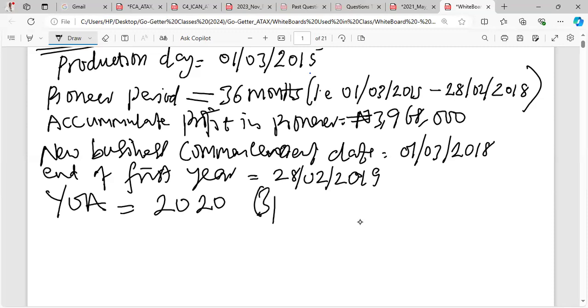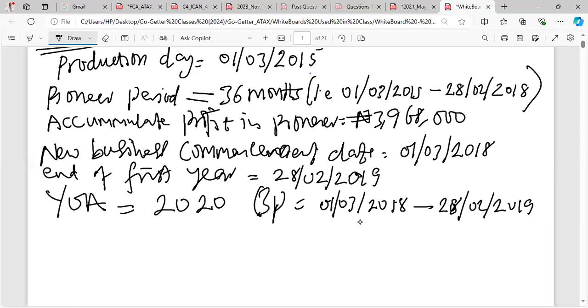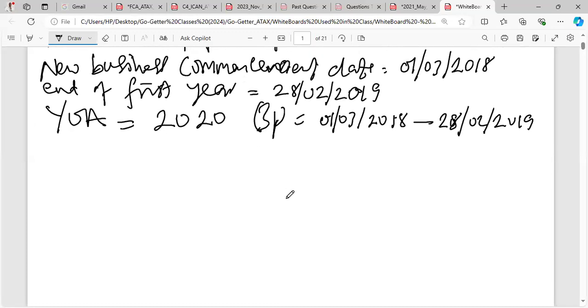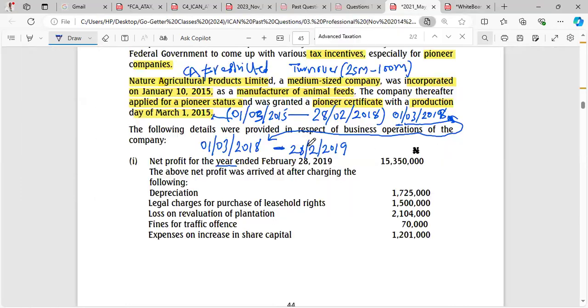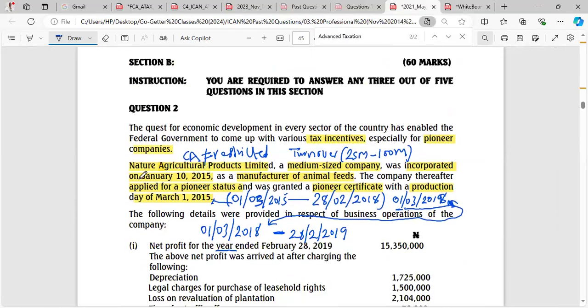Basis period will be March 1st 2018 to February 28th, 2019. That's your year of assessment, and that's your basis period. So what do you do now? The name of the company we are given is Nature Agricultural Products Limited.